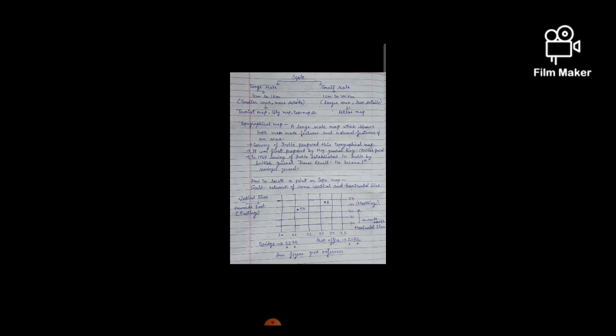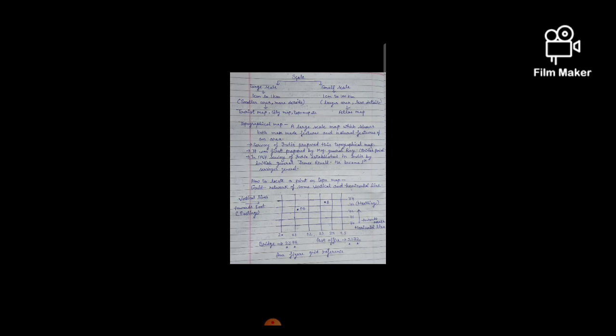Like we have in the atlas map longitude and latitude, but in topographical map we have some vertical lines and horizontal lines. You are looking in the picture that we have some vertical lines, they are increasing towards east, and we have some horizontal lines, they are increasing towards north side.